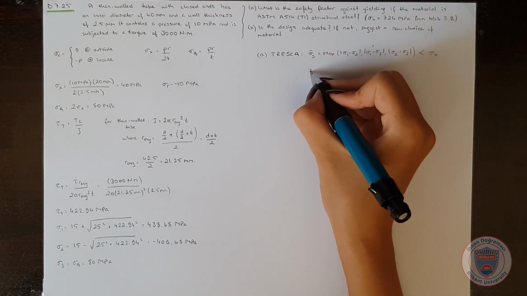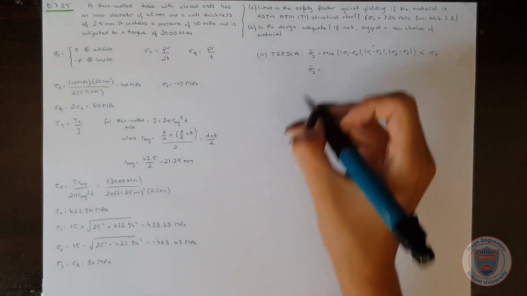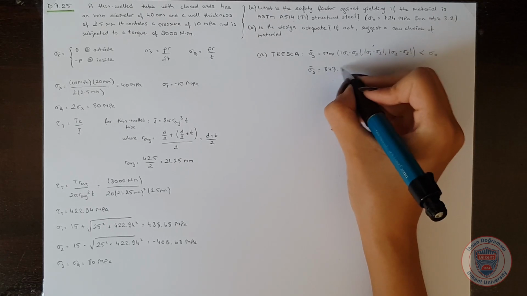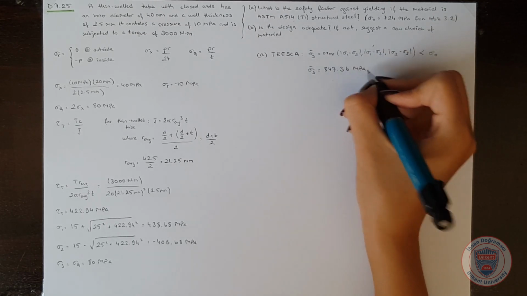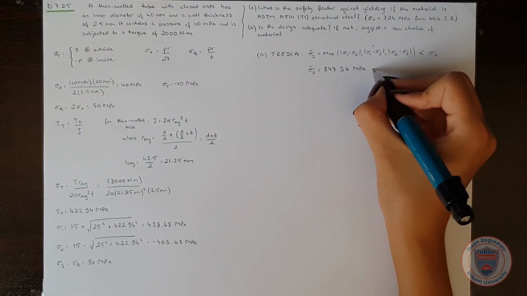In our case, sigma s is equal to 847.36 MPa. It is equal to sigma 1 minus sigma 2.